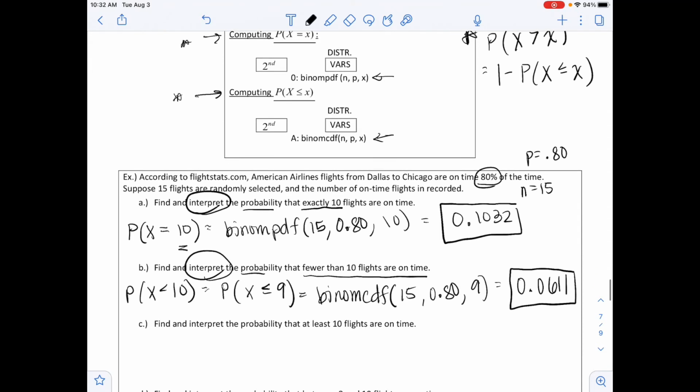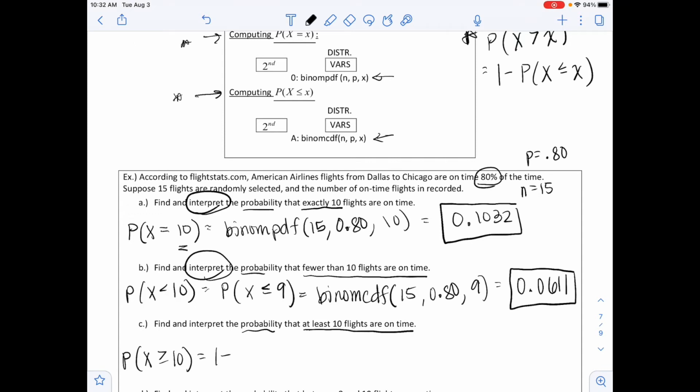So the next example says, find and interpret the probability that at least 10 flights are on time. So still a probability, but this time it says at least 10 flights are on time. So at least means x would be greater than or equal to 10, which again, we know that we don't have that option with our calculator, but we have to use what's called the complement, which we saw back in chapter 4.